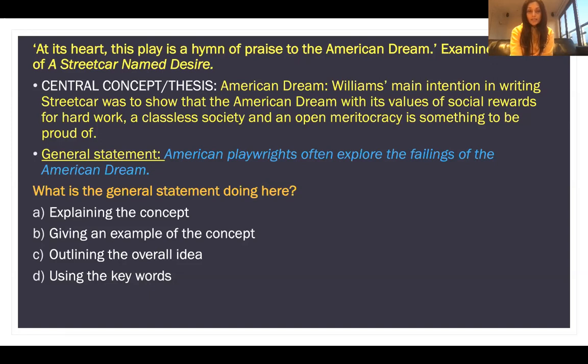What's its purpose? Is it A, explaining the concept? Is it B, giving an example of the concept? Is it C, outlining the overall idea? Or is it D, using the key words? You can just pause the video, make a decision, A, B, C, or D. And pause when you're ready.